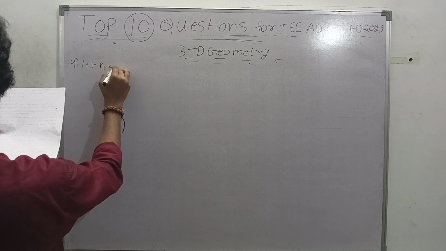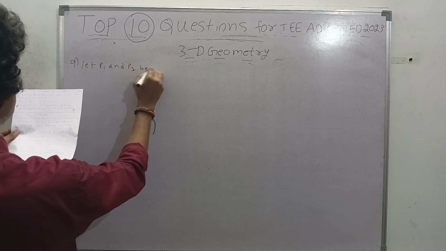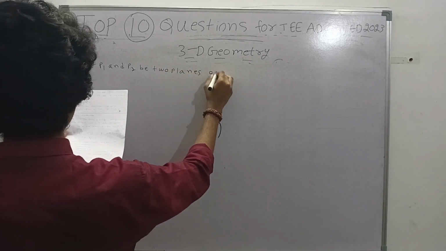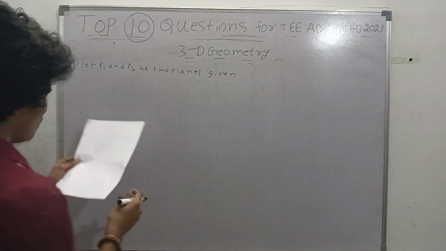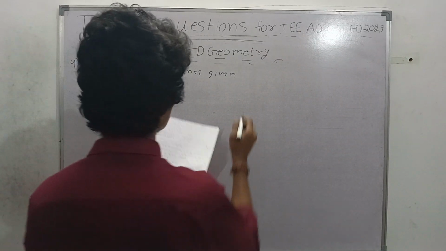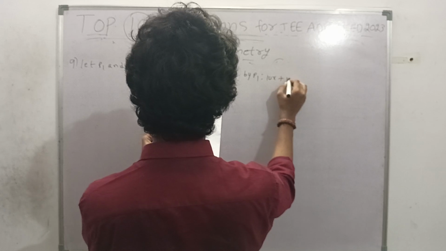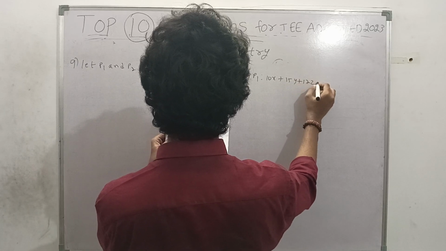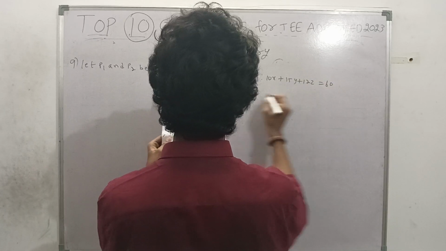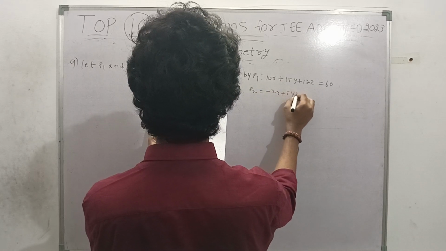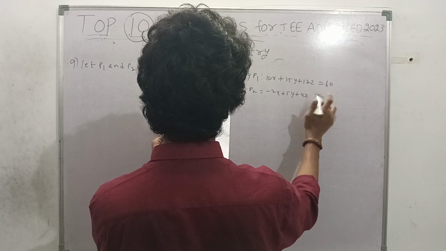Let P1 and P2 be 2 planes given by P1: 10x plus 15y plus 12z equal to 60. This is one equation. And another plane equation they gave, P2: minus 2x plus 5y plus 4z equal to 20.